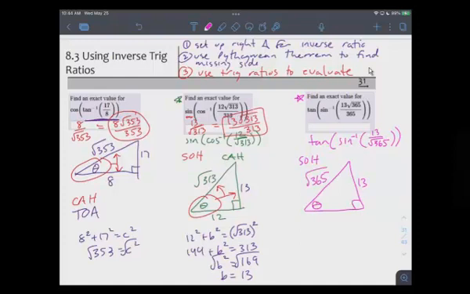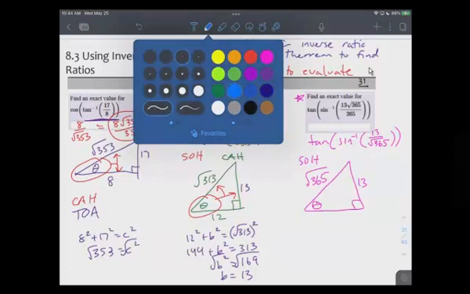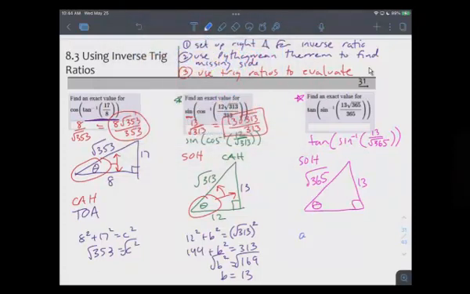Okay, and then I can use the Pythagorean Theorem to solve. So if I take a squared plus 13 squared equals root 365 squared and solve the resulting equation, the square cancels the radical. If I subtract 169 from both sides, I get a squared is equal to 196.